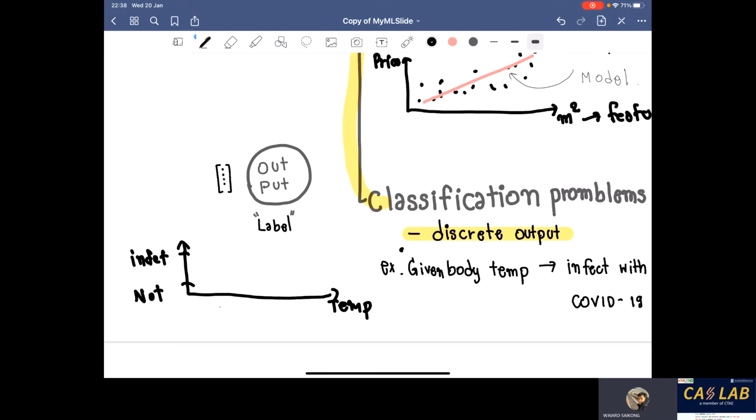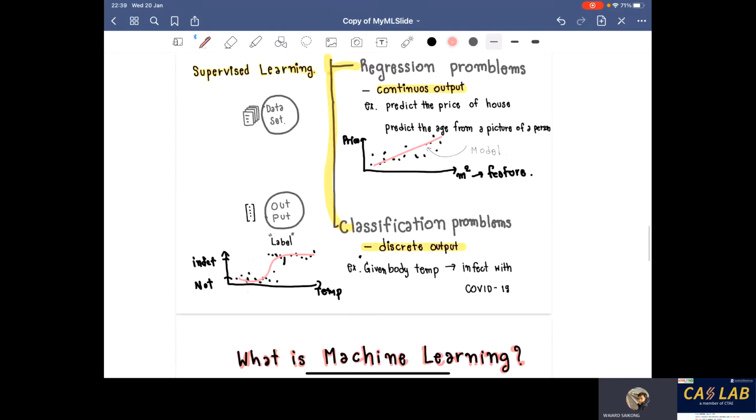Given data like this and this, we figure out this function, and we will know who is infected or not. That is the discrete output.